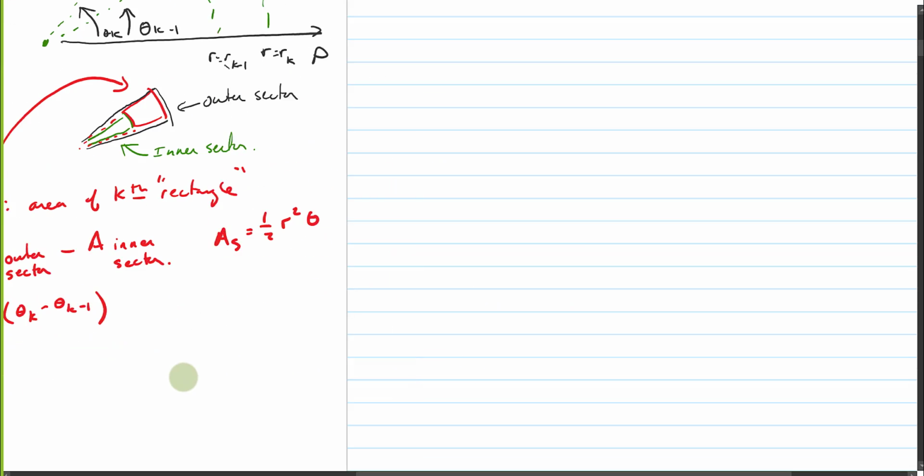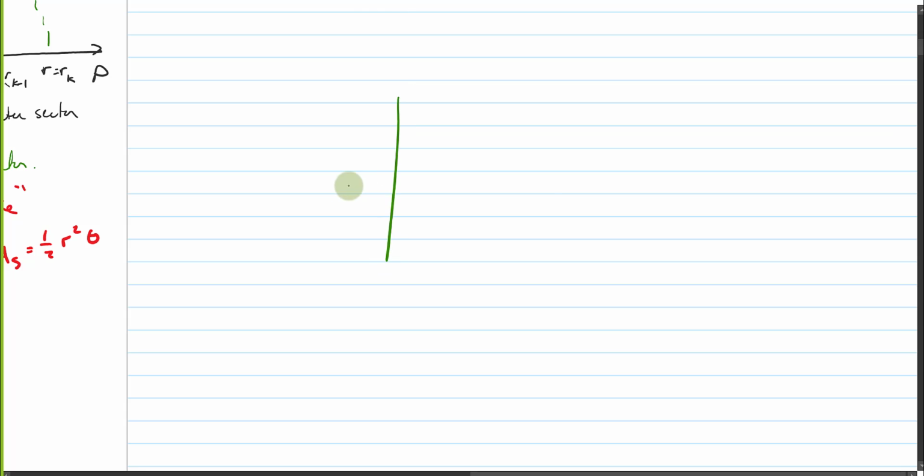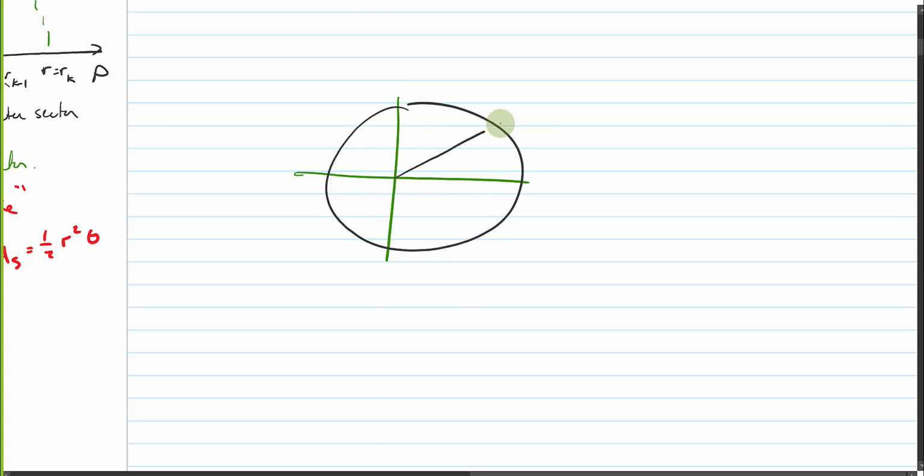Let me just point out, because if you're just going off of what I did in the video, when we talked about the area of the sector, we first just drew a theta starting from theta equals 0 up to some theta equals something else. So maybe this is theta k. So for the area of a sector, we only had that the area was 1/2 r squared theta k.